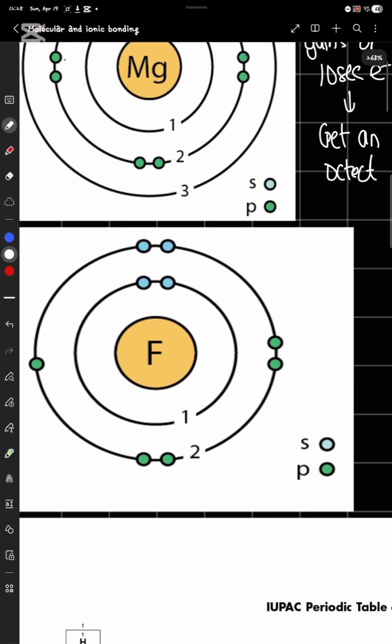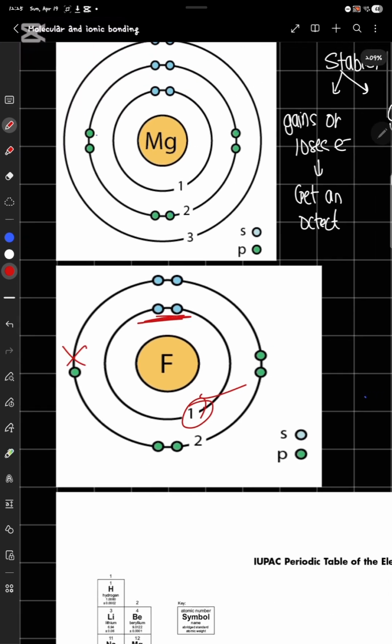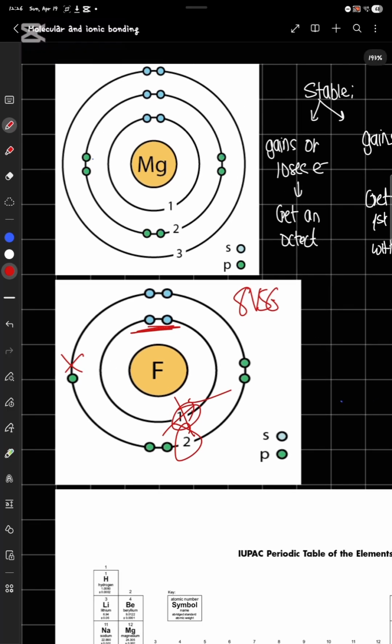And what I mean is that, for example, look at this fluorine. The first shell is full because it can only contain 2. So theoretically, if fluorine lost all these electrons and ended up with these 2 here, then yes, it would be stable because it's a full shell. And if fluorine gained an electron, it would have 8 valence shell electrons, not on the first shell but on the second shell, so hence it would also be stable.